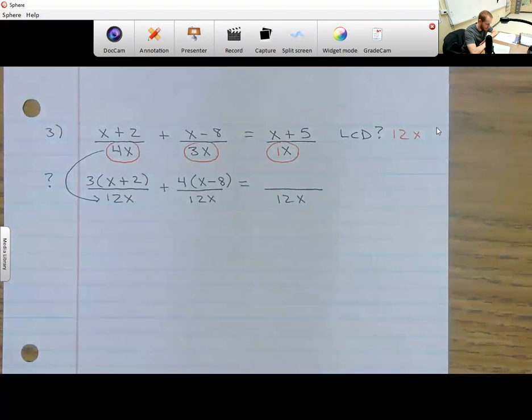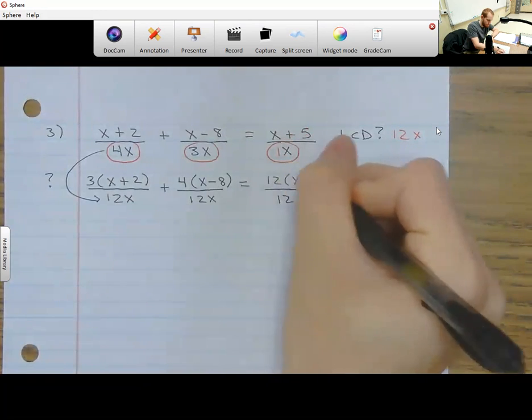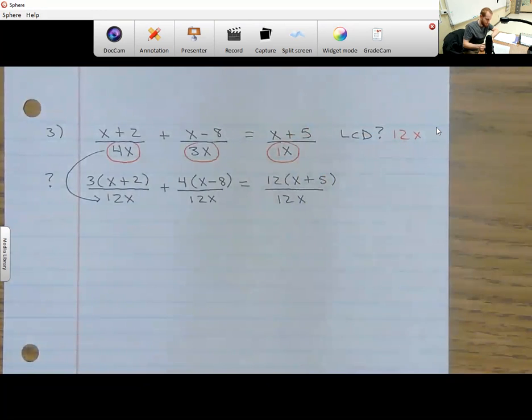And then the last fraction, how do I get from 1x to 12x? I multiplied by 12. So I'm going to multiply the top by a 12. Okay. So now I've changed all the numerators.